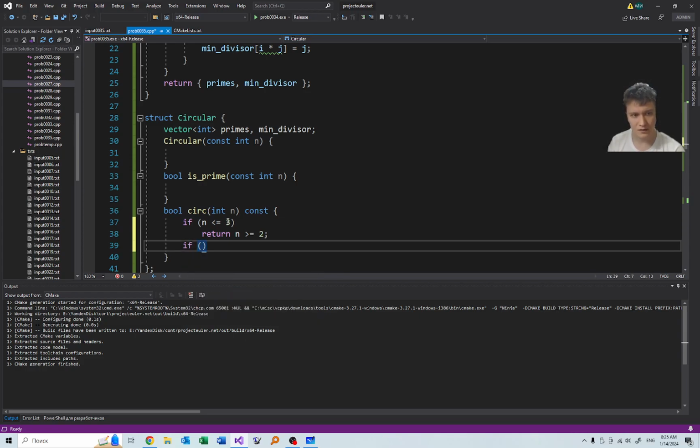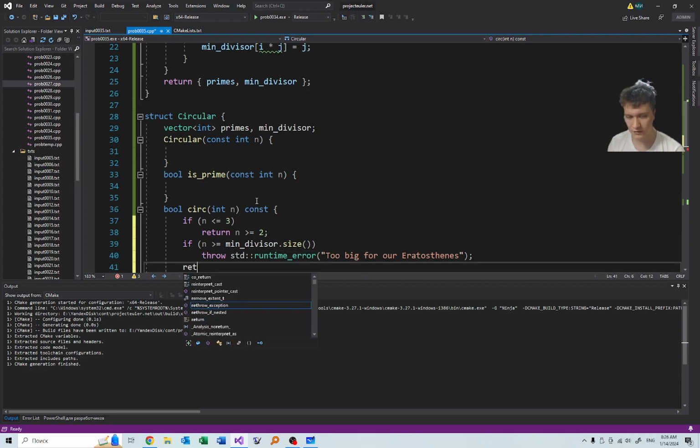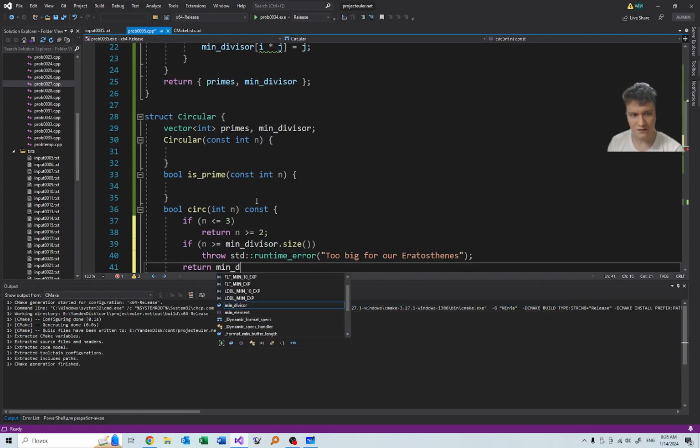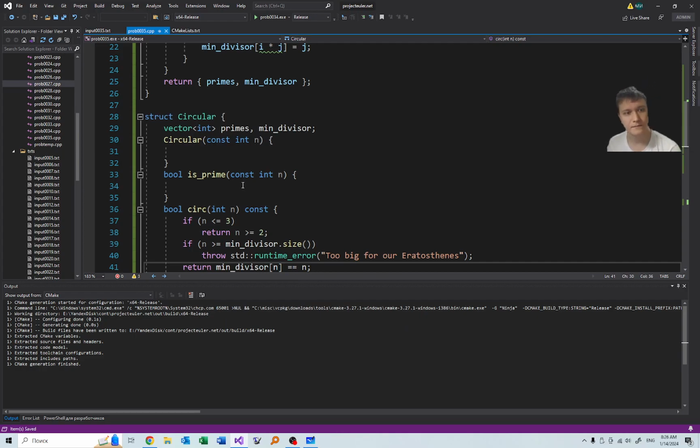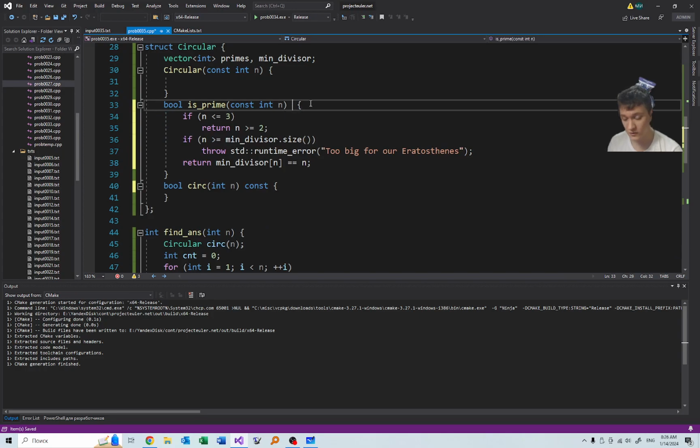Okay, if n is at least min divisor dot size, we return false. And finally, we return min divisor of n equals n. This is is prime, which is also a const function.